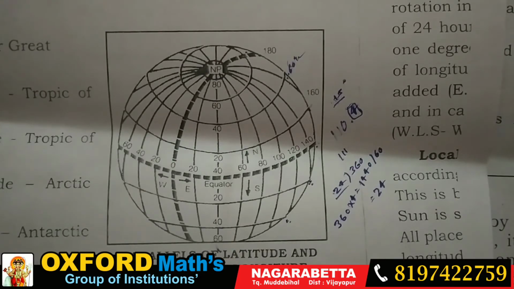When the earth rotates, the sun's vertical rays fall on each of the longitudinal lines in turn. When a longitudinal line faces the sun directly, that is considered 12 noon, madhyana.